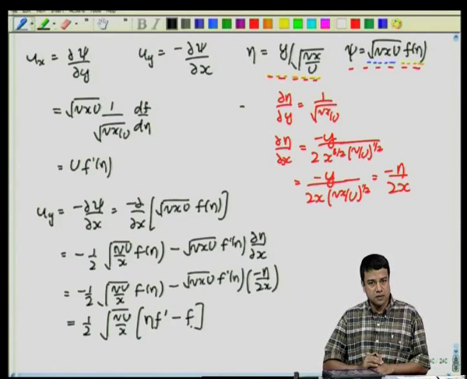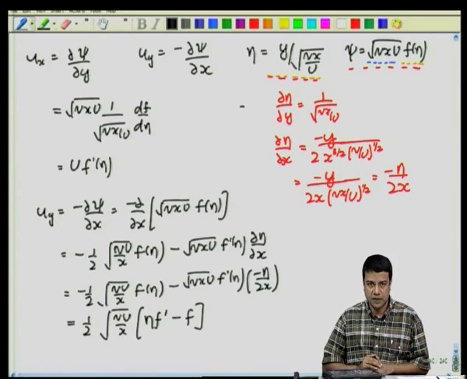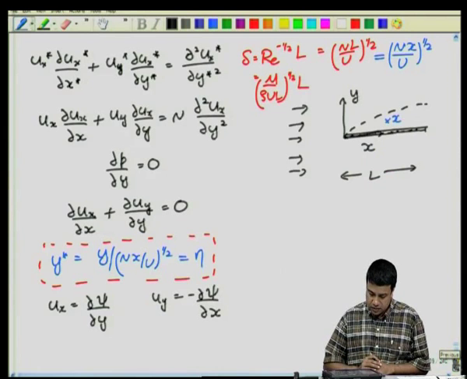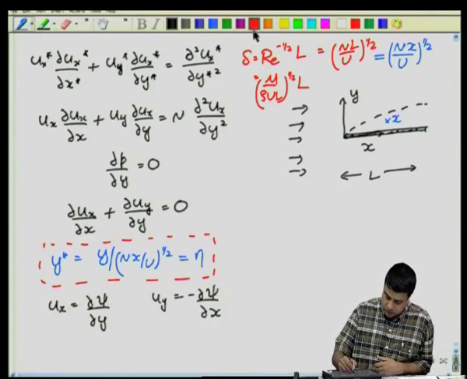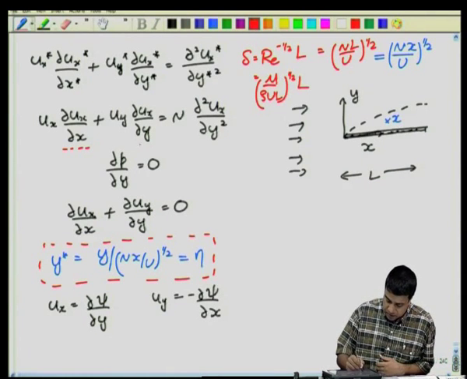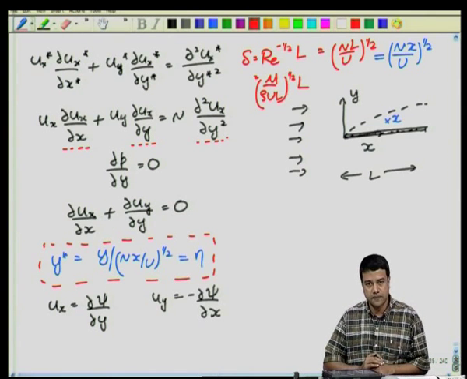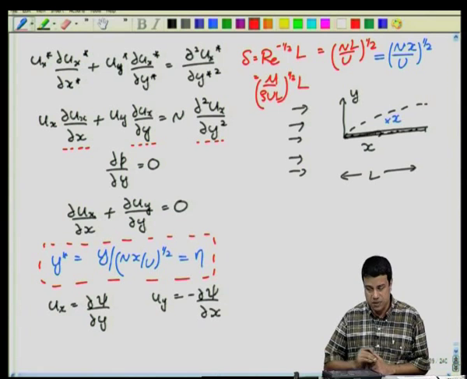So, that is the velocity u_y. As you recall, for the x momentum conservation equation on the previous slide, we also require these two, partial u_x by partial x, partial u_x by partial y, and the second derivative. So, we will calculate those as well.